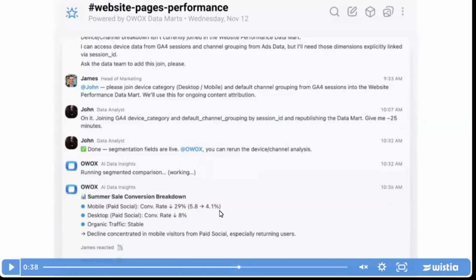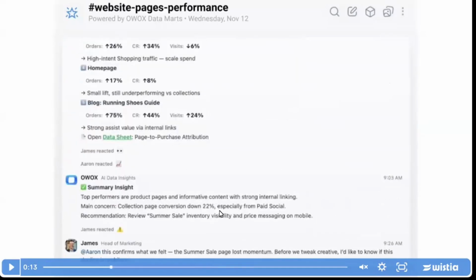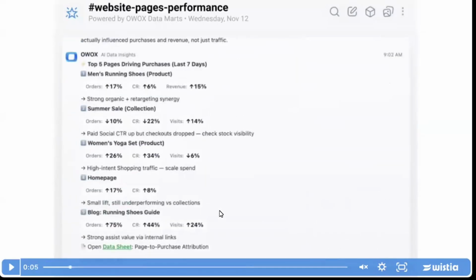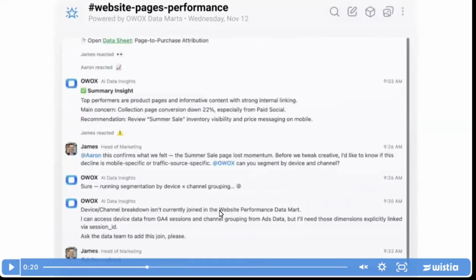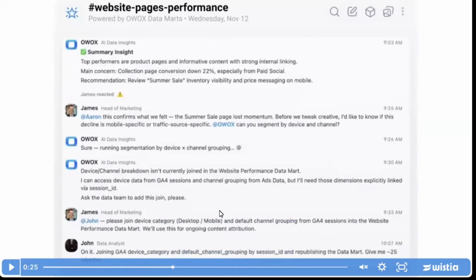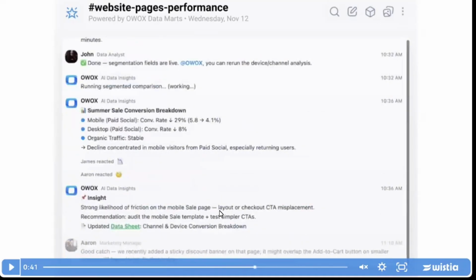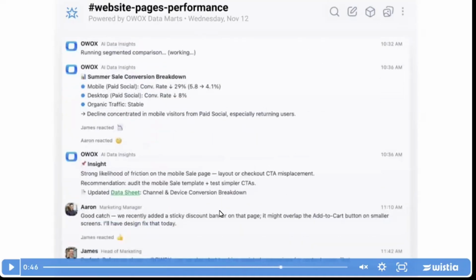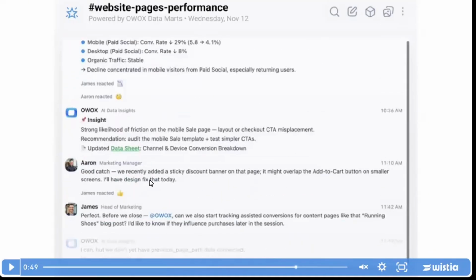However, what we can see here is that all the pages are working well, but when we start digging deeper into the summer sale, we understand that we might have to change the flow for a specific mobile customer journey and give some tasks to our product designer.